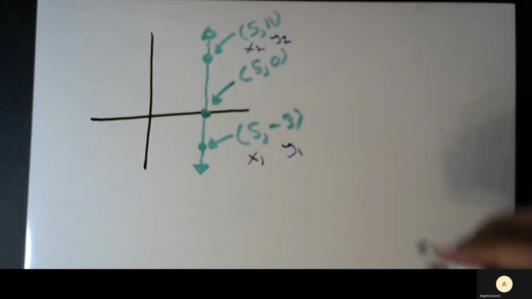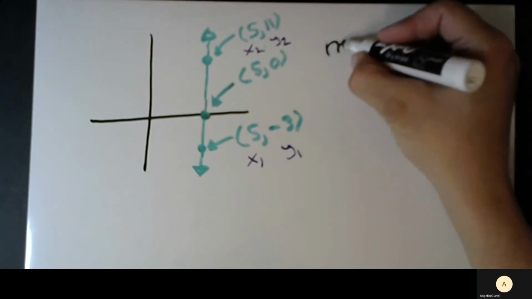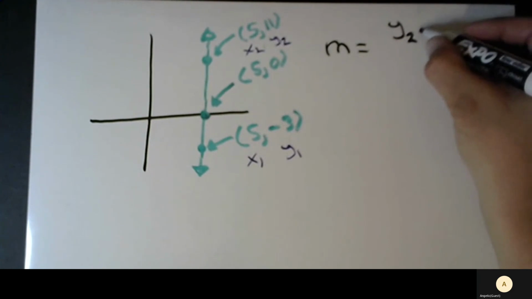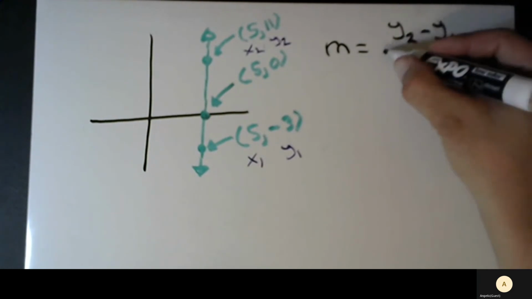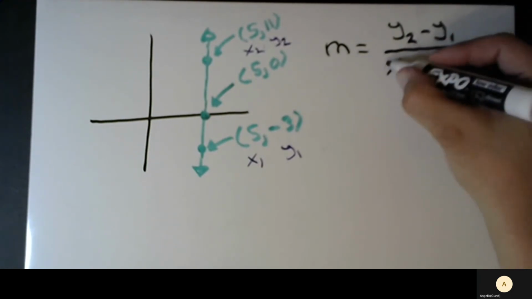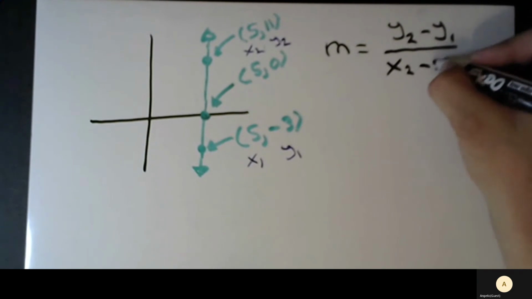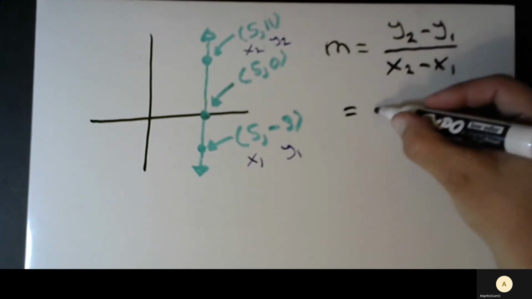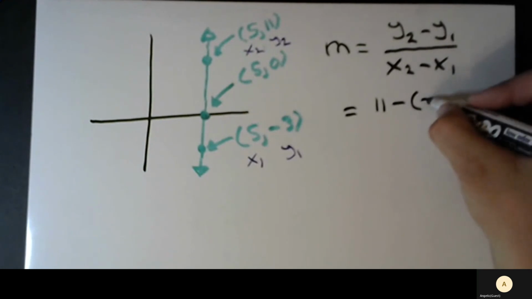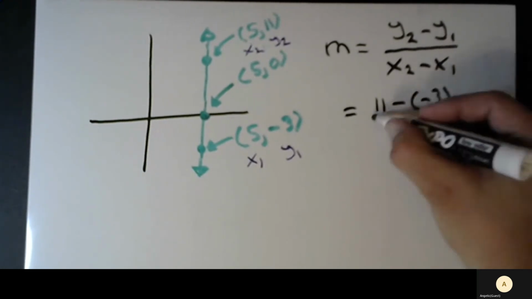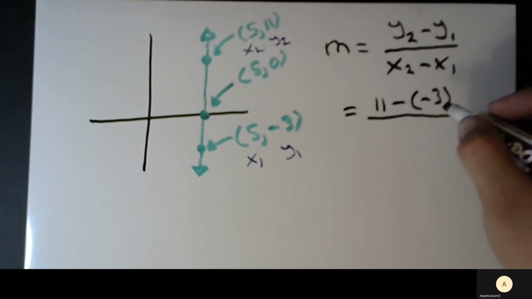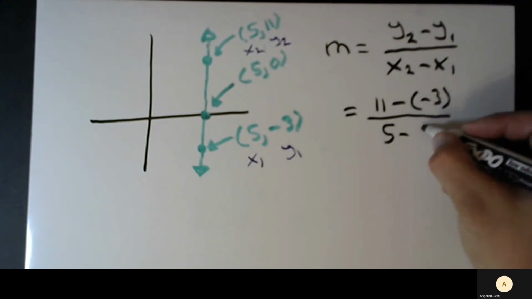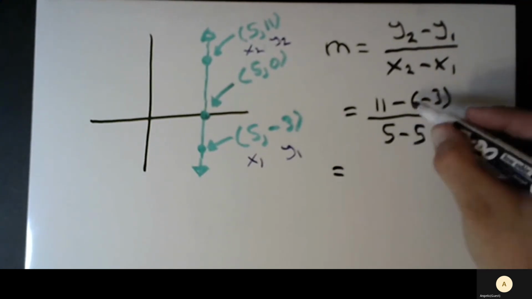Well, then using our formula for slope, y2 minus y1 over x2 minus x1, we'll get 11 minus -3 over, and then x2 is 5, x1 is 5.